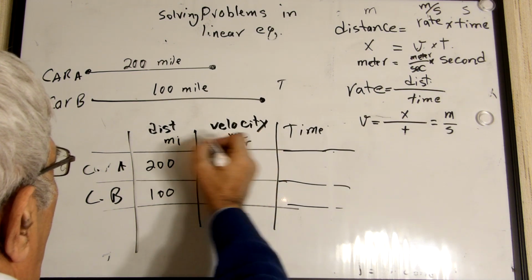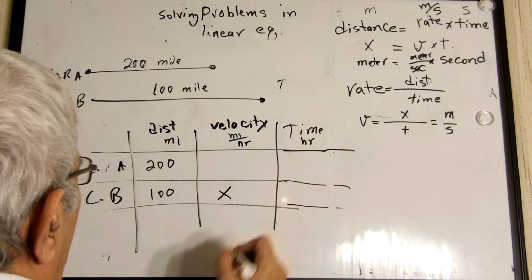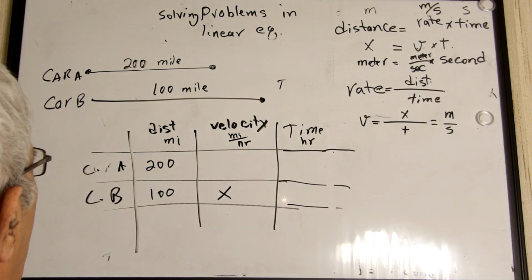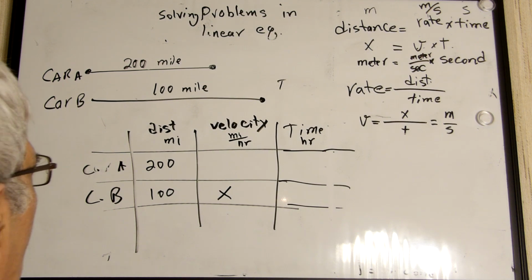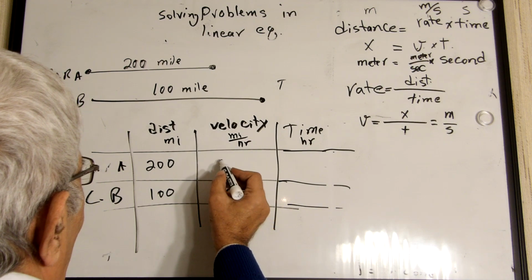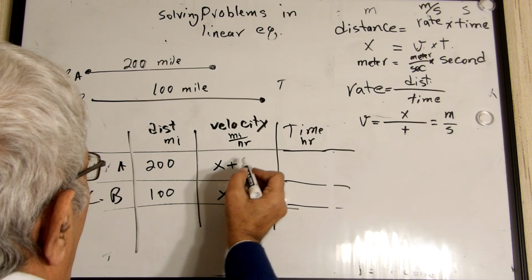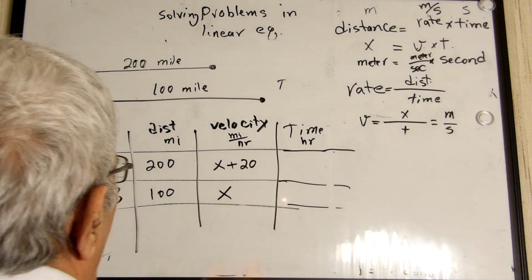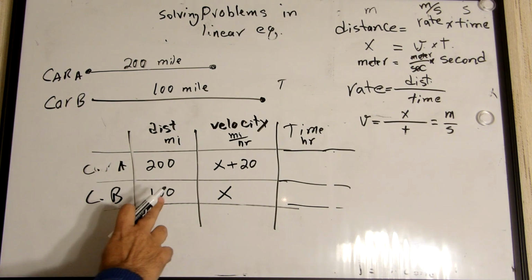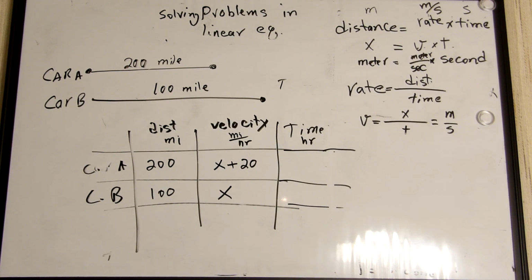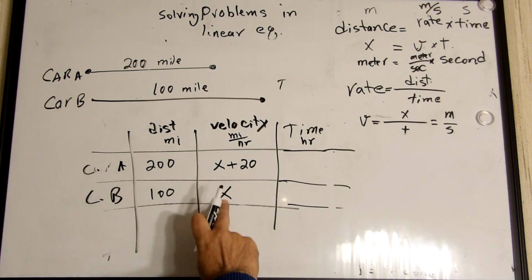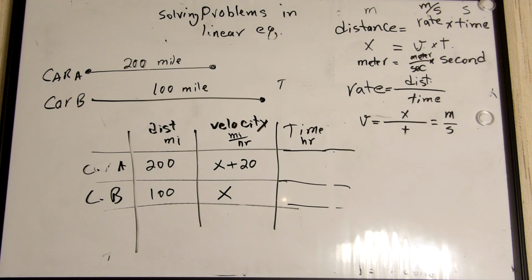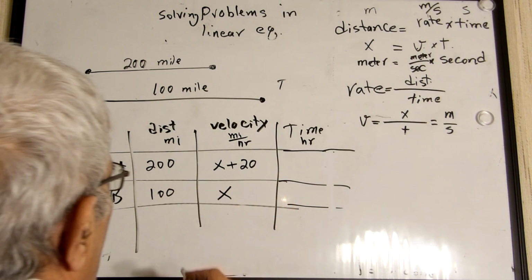This is miles, and this is hours. And this one that has gone 200 miles, at the same time they have reached a point. This one travels 20 miles per hour faster than this one. Now you are going to find out what is the rate of these two cars. What were the velocities? They have reached at the same time. The t is equal.